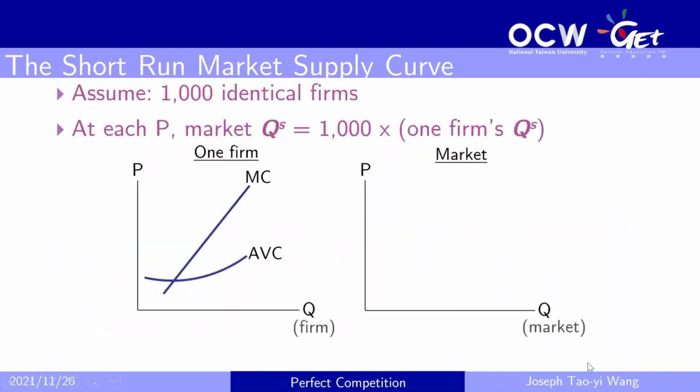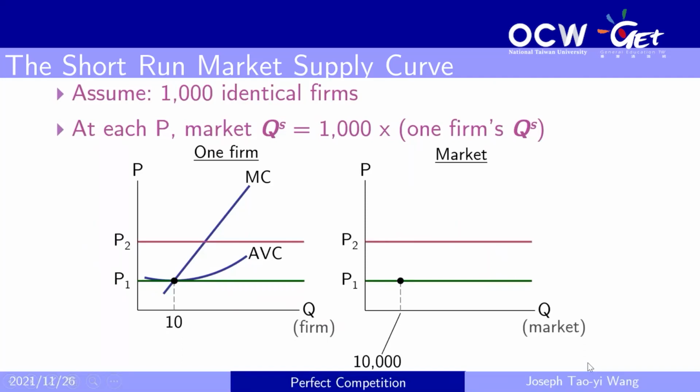So what you get here is, for example, suppose you have 1,000 identical firms, then the market quantity supplied is you multiply the individual quantity supplied by 1,000. So at P1, the quantity to maximize profit is 10. So for 1,000 firms, the market quantity supplied is 10,000.